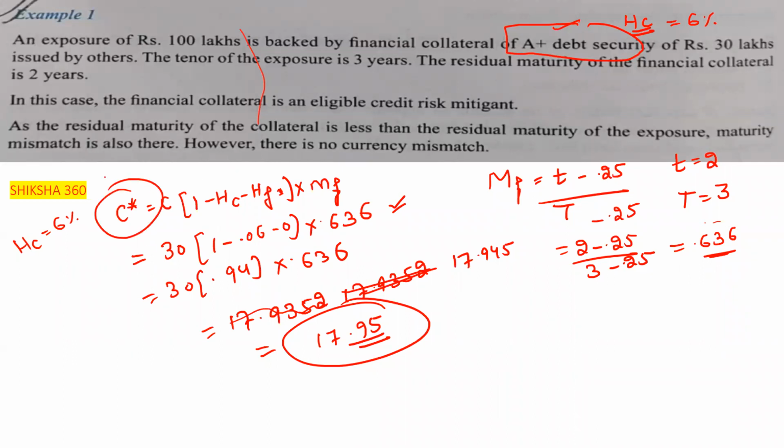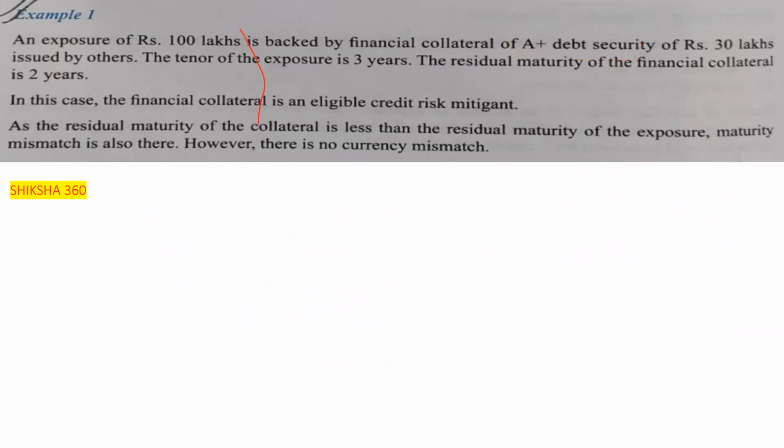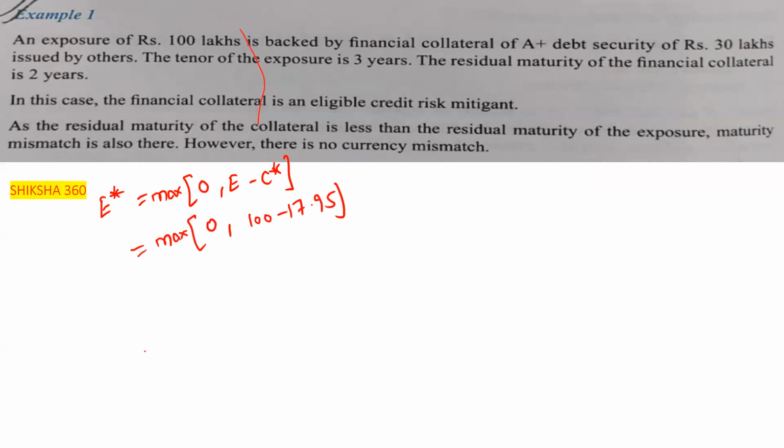In the next point, what we have to calculate here is E star. That is maximum of 0 or E minus C star. So maximum of 0 or, where E here is 100, 100 minus 17.95, which is 82.05.